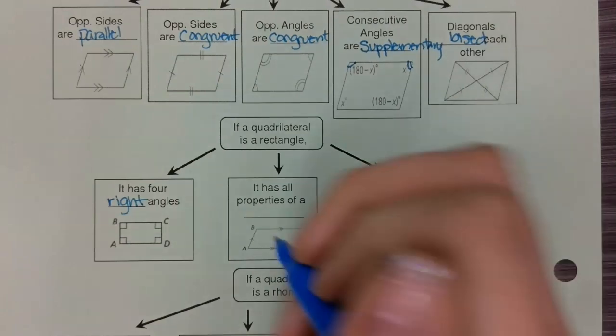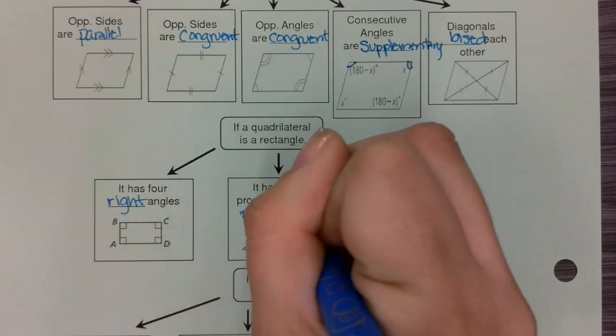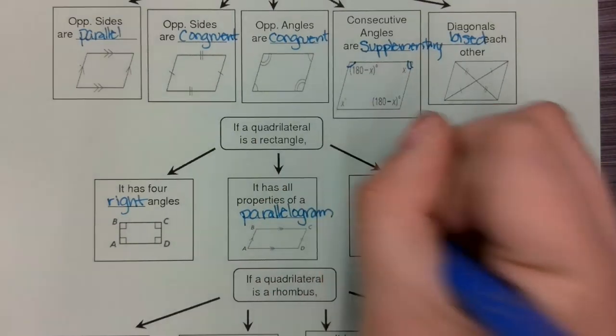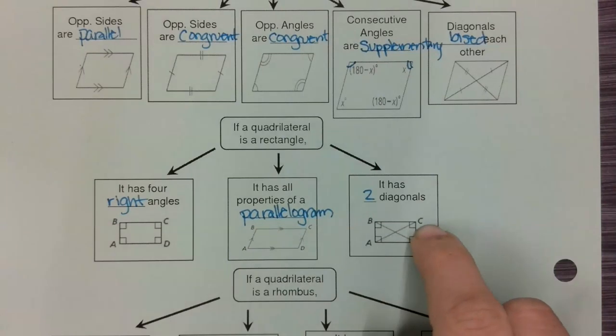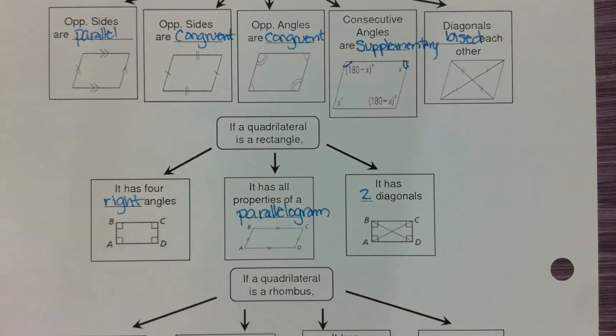It has all the properties of a parallelogram. And it has 2 diagonals, the things that cross from angle to angle but not touching angles.